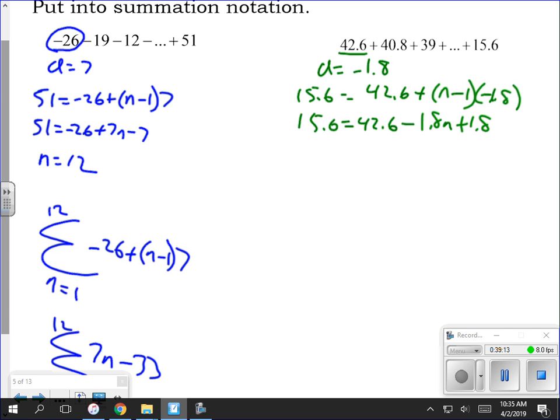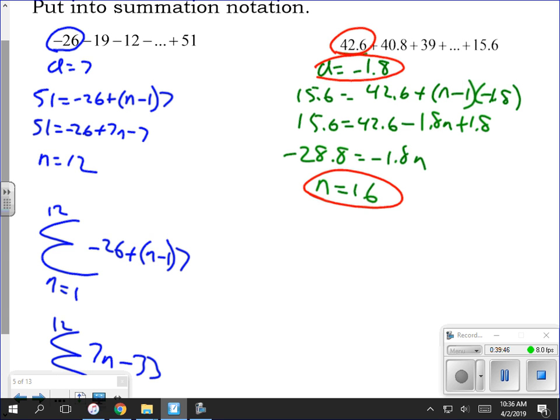So I subtract 1.8 and 42.6 from each side. 15.6 minus 42.6 minus 1.8 equals negative 28.8 equals negative 1.8 N. N equals 16. So these are the things I need. How many terms, what the difference is, and what the first one is.